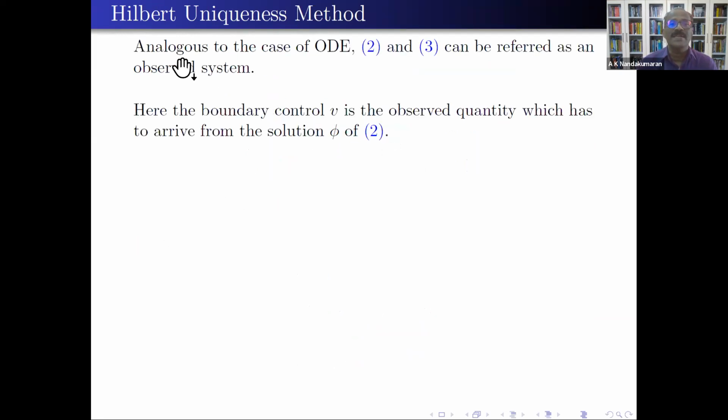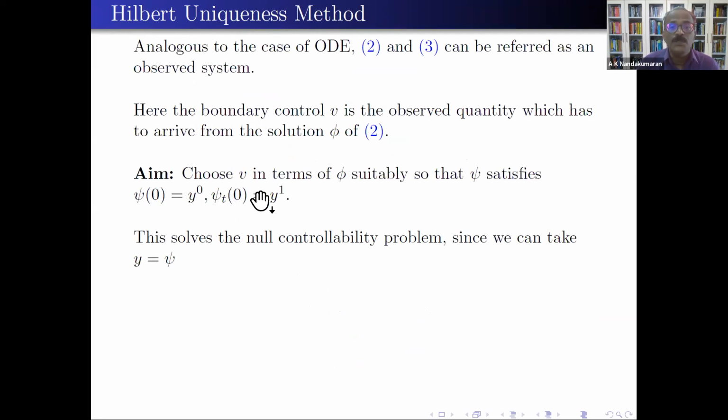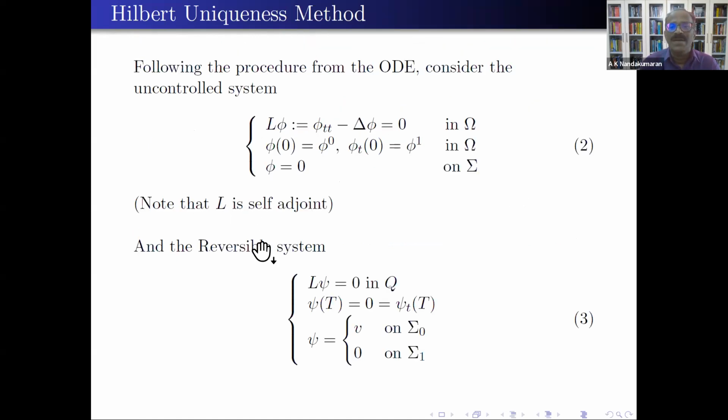So the question, analogous to the case of ODE, is this: 2 and 3 can be referred to as an observed system. Here the boundary control V is the observed quantity which has to arise from the solution phi of 2. So can we choose V in terms of phi suitably so that psi also satisfies your initial condition? Look at this equation.